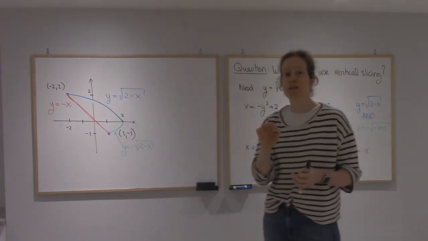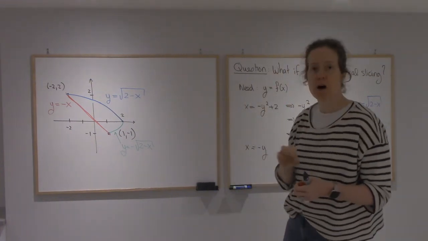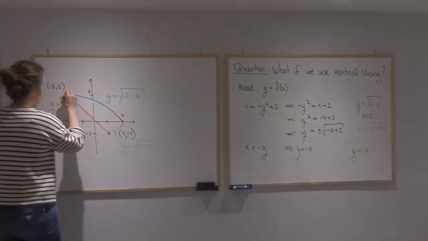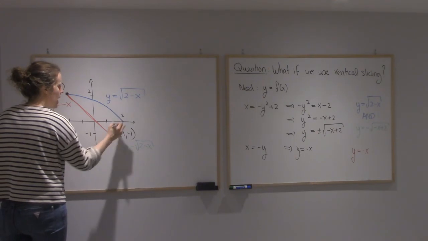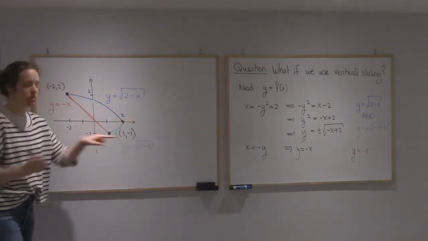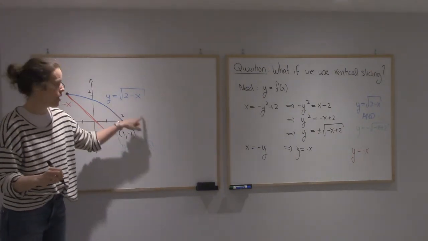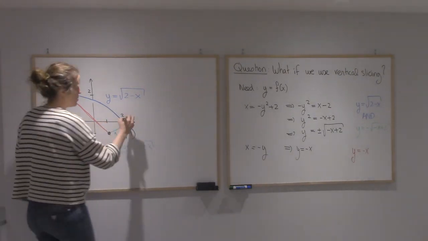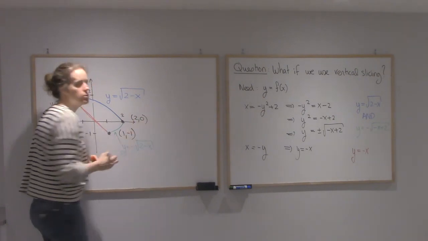So you could do this algebraically, but since we've already graphed it, let me just do it geometrically. So we still have those 2 intersection points here, but now we have a third one. An intersection point between these 2 curves, that's really the vertex of the parabola, and that intersection point is (2, 0).